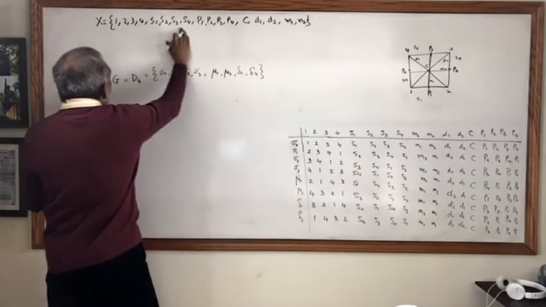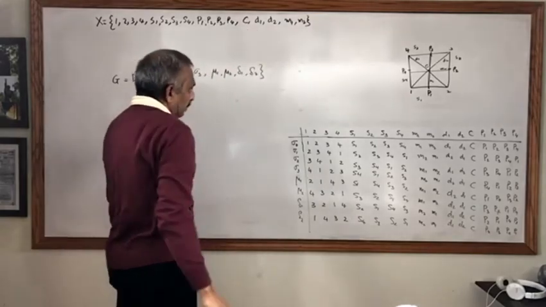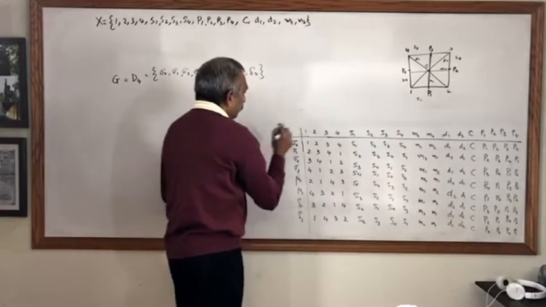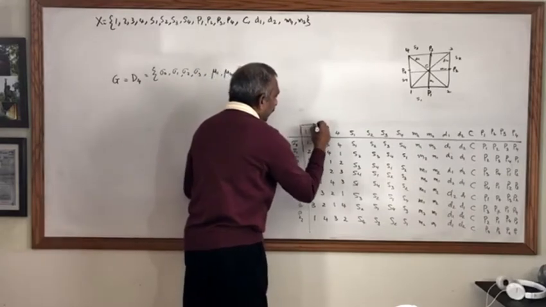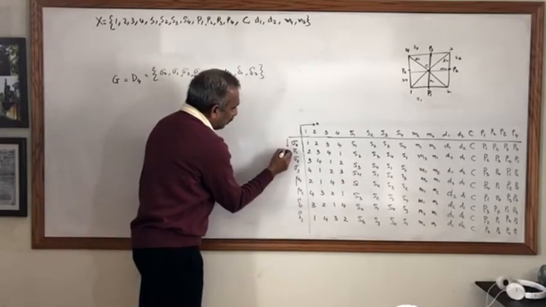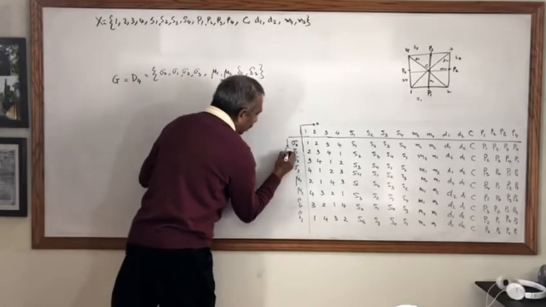So 4, 4, 4, 4, 16, 17, those are these elements. So this is our X and this is our D4, I'm going to write it as G.